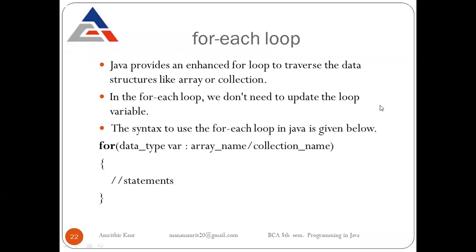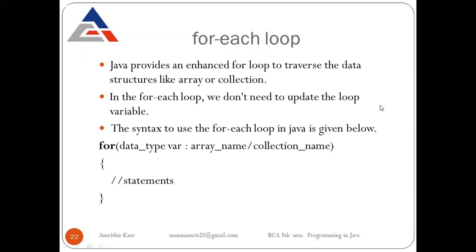So our next loop is the for each loop. Java provides an enhanced for loop to traverse a data structure like an array or collection. So in the for each loop, we don't need to update the loop variable.